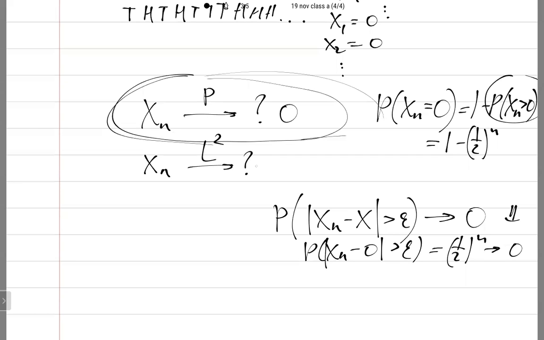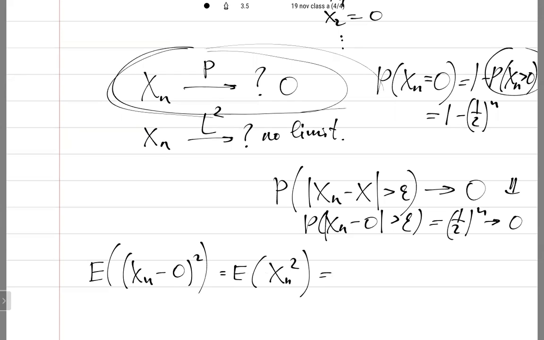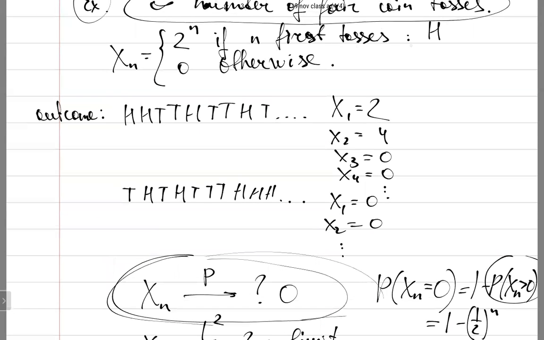But in L2, that is not true. There are no limits. Why are there no limits? Let's prove at least that 0 is not the limit. Maybe I will not provide a rigorous proof, but at least the limit cannot be 0, because the expected value of xn minus 0 squared is the expected value of xn squared, and it will be 2 to the power n squared multiplied by the probability of n heads in a row.